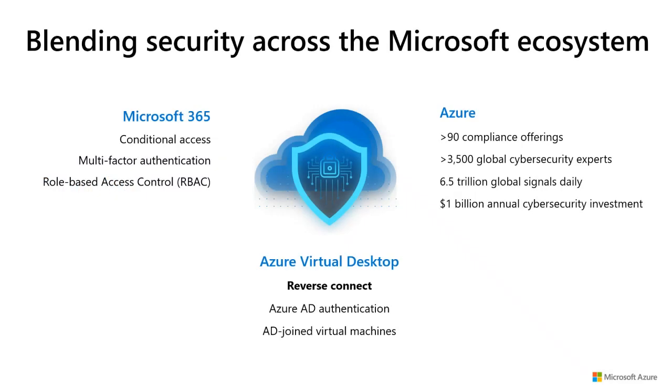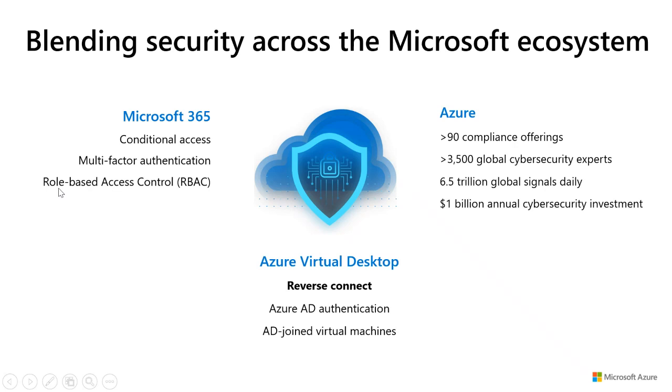Let's talk about security, right? You know that security is the most important part after the cost. With security, we have blended security across the whole Microsoft ecosystem, because we have the Microsoft 365 parts, for example, conditional access and multi-factor authentication.